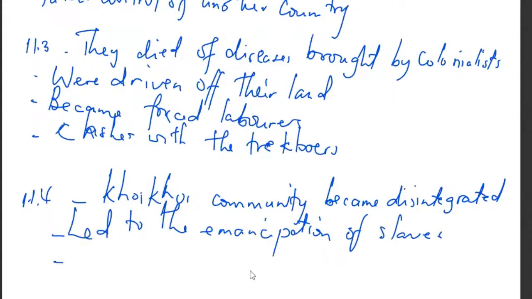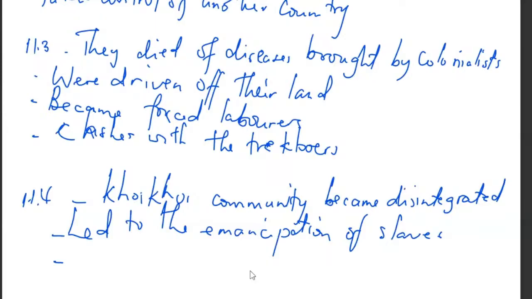It led to the emancipation of the slaves. Remember the Boers were engaged in slavery of the African people. The African communities were enslaved. But when the British came, they abolished slavery. So it was a positive impact on the communities. They were emancipated.